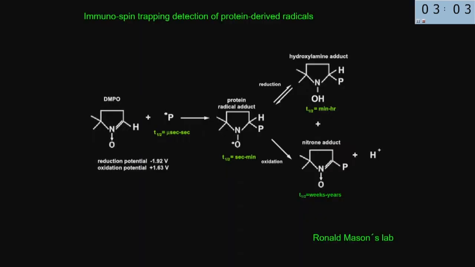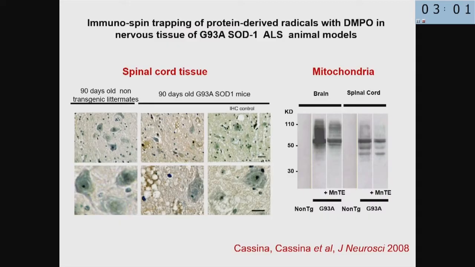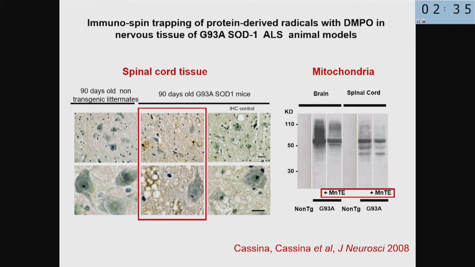And basically, what is shown in the spinal cord of these animals, the motor neurons of the sick animals, on the left you see healthy motor neurons in the anterior horn of the spinal cord, these are fine, and in the central panel you see dying motor neurons which are immunopositive for the anti-DMPO protein adduct, meaning that there was free radical chemistry there. These neurons are also nitrated, and when we utilize the manganoporphyrins and isolate mitochondria, these are mitochondria from brain and mitochondria from the spinal cord, the level of oxidation is significantly less.